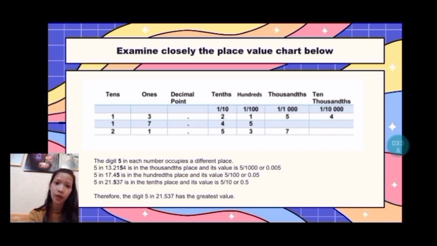Therefore, the digit 5 in 21.537 has the greatest value.